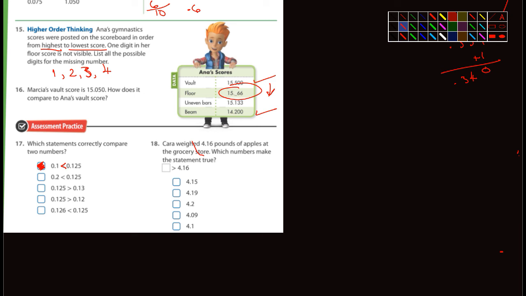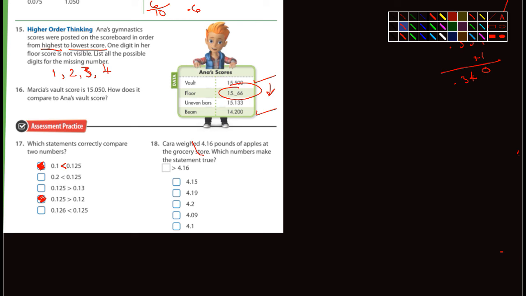That's not true. 0.125 is, let's see here, 0.125 is greater than 0.13. No. And what have we got here? 0.125 is greater than 0.12. That's true. Okay.